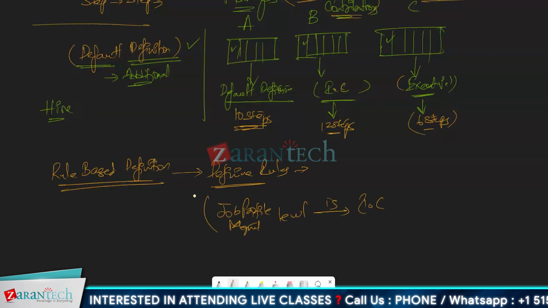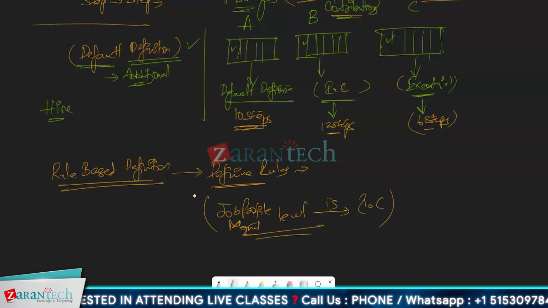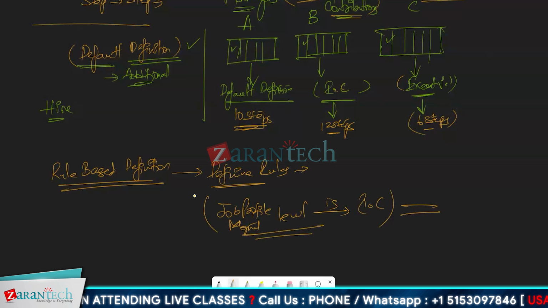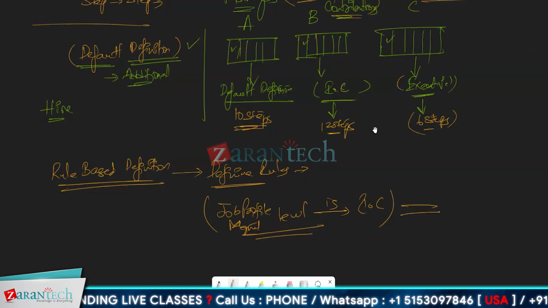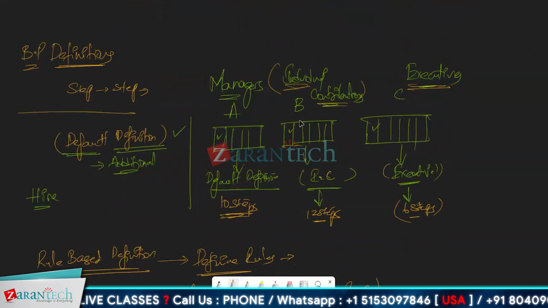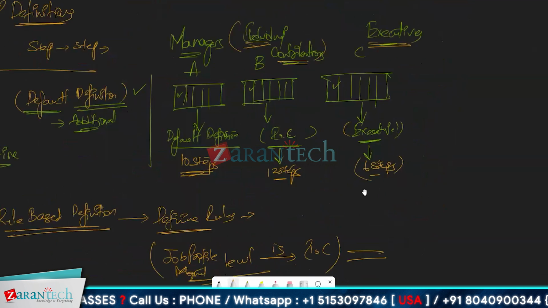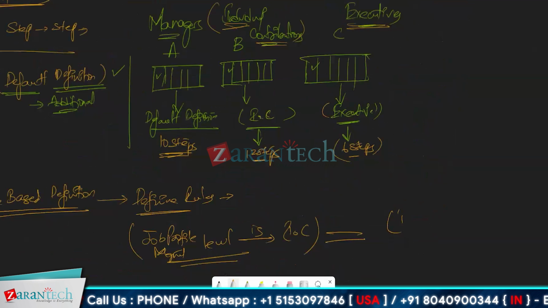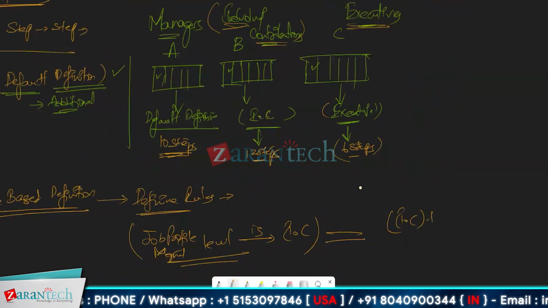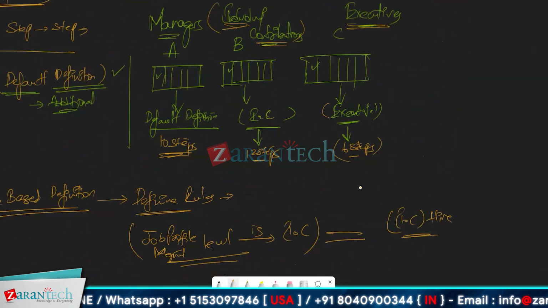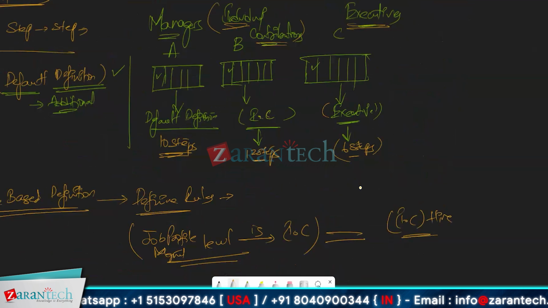This is the rule, and then you map this particular rule to this version of the business process. We have this version called IC. So we'll say that if this rule is true, it will execute this IC Hire business process, which is another version.